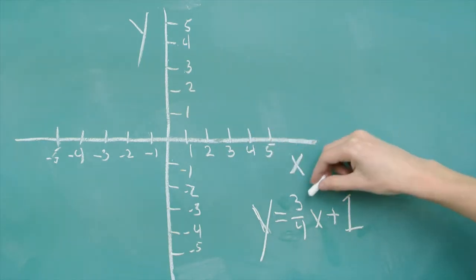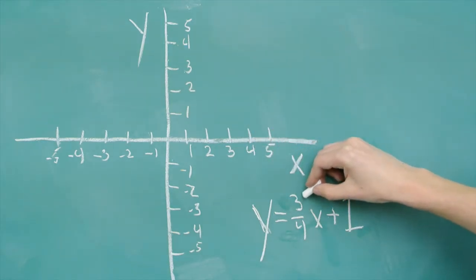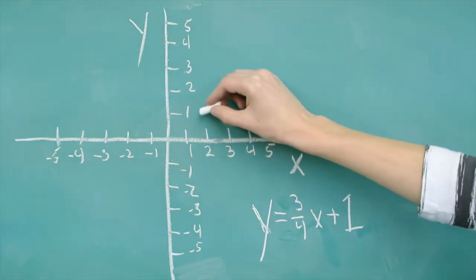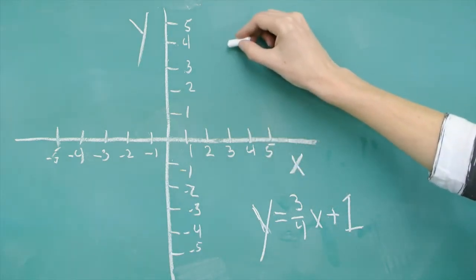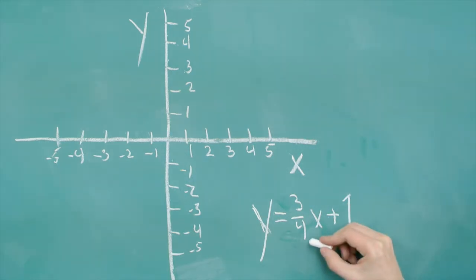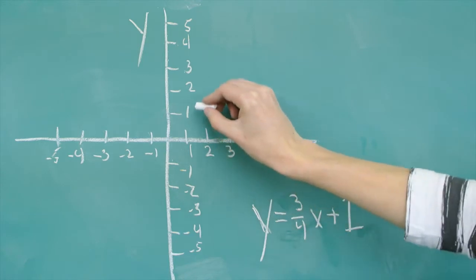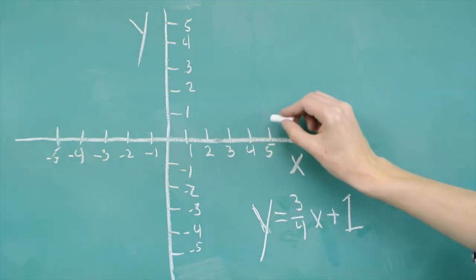The number on top of the fraction, called the numerator, tells us how many points to go up on our graph. The number on the bottom of the fraction, called the denominator, tells us how many points to go right on our graph.